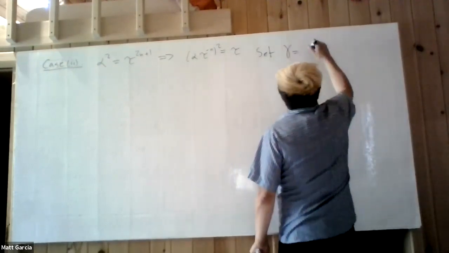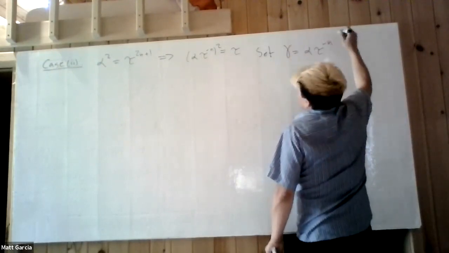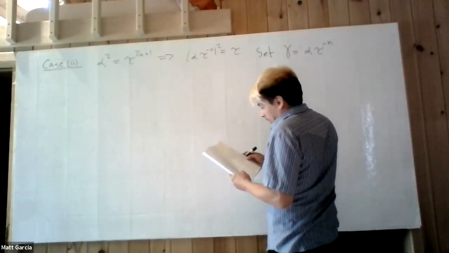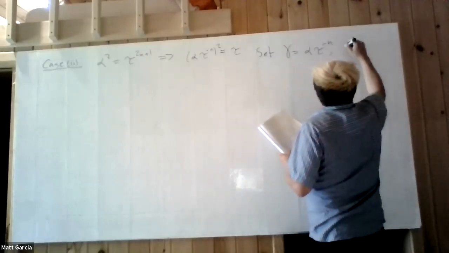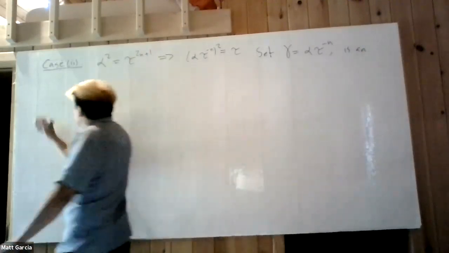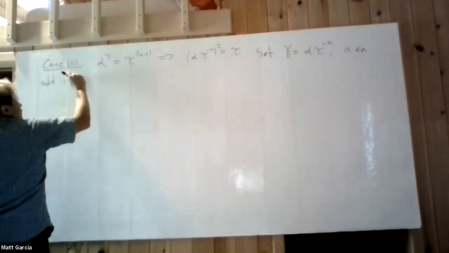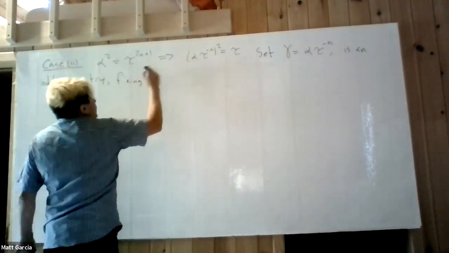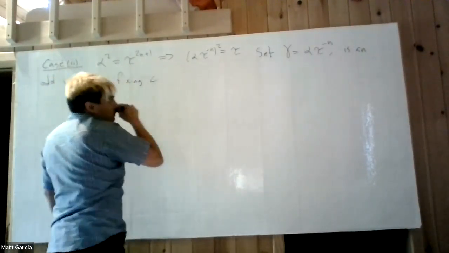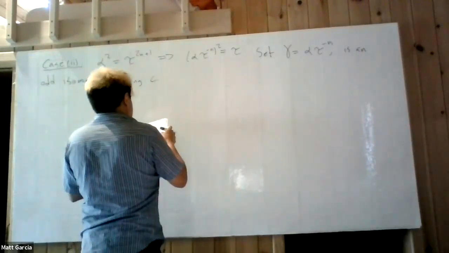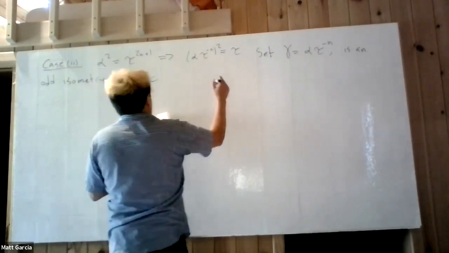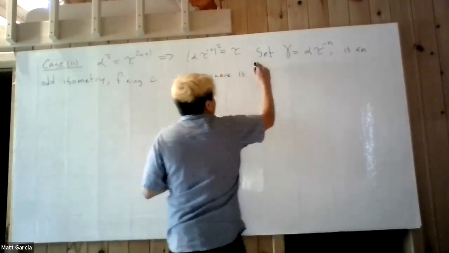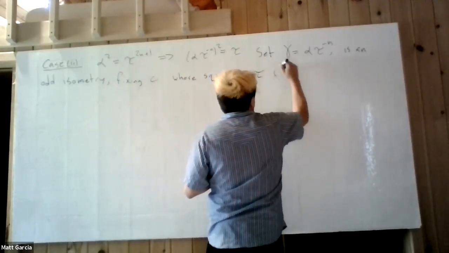That gamma is equal to alpha tau to the negative n, which again is an odd isometry fixing C. Its square is tau, which obviously is a translation.